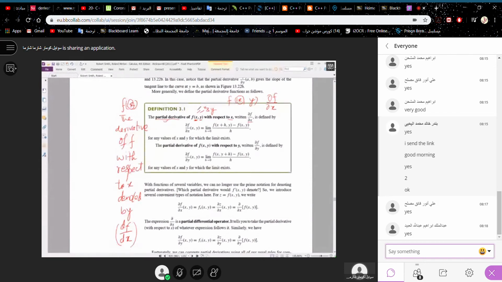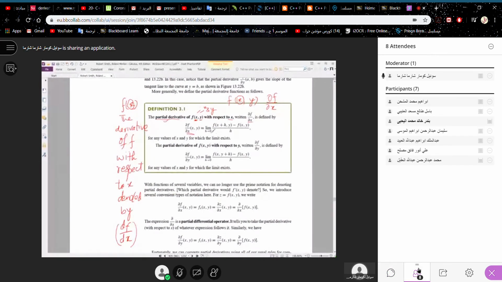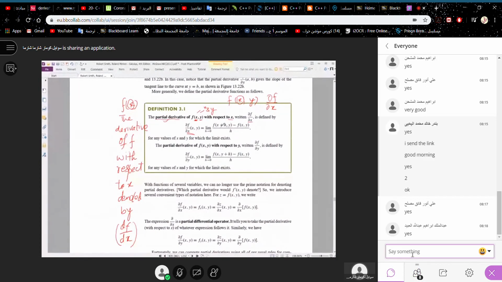So del f upon del x is defined as the limit h tends to 0 of f(x plus h, y) minus f(x, y) upon h. So you can see just you are changing x. Y is here y and here is also y. You can see nothing is changing. So this is called the partial derivative of f with respect to x. Similarly, partial derivative of f with respect to y. So when we differentiate partially with respect to x, then we treat y as a constant.